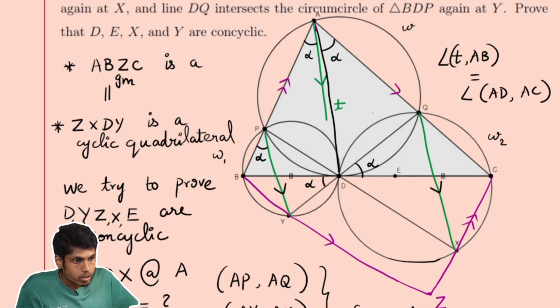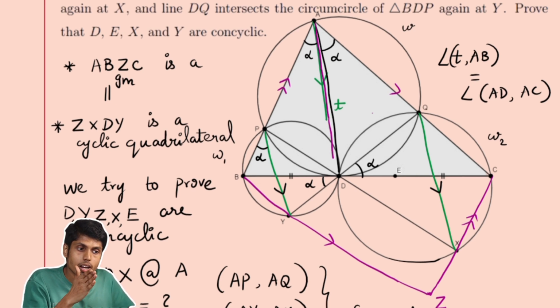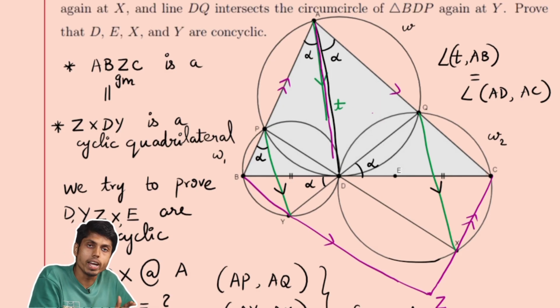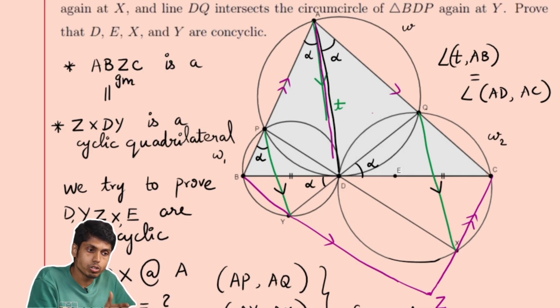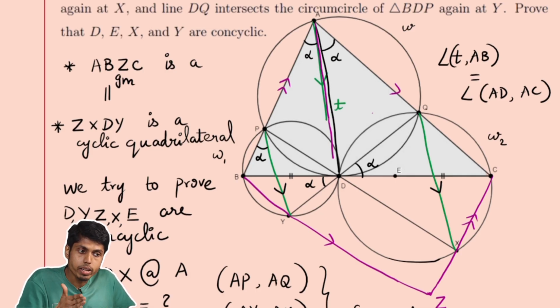So the angle bisector shall pass through the middle of these two lines, and reflecting the line T about it will take you to AD. So the line T, when reflected about the angle bisector, goes to AD, and the line AB reflected about the angle bisector goes to AC.